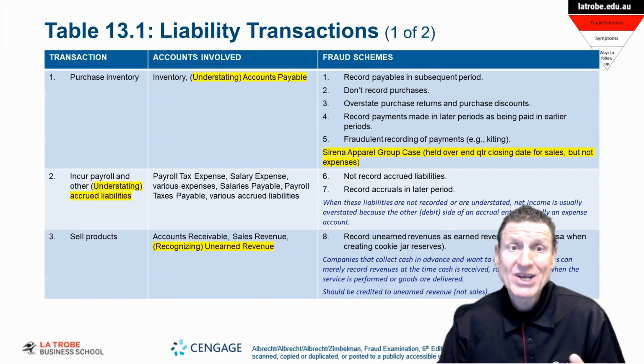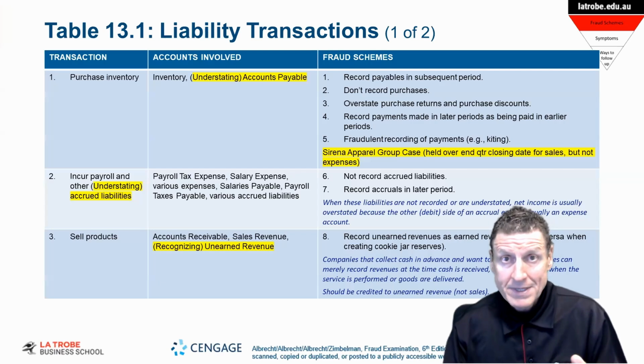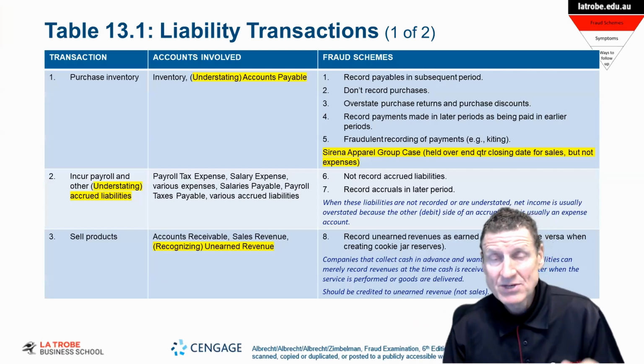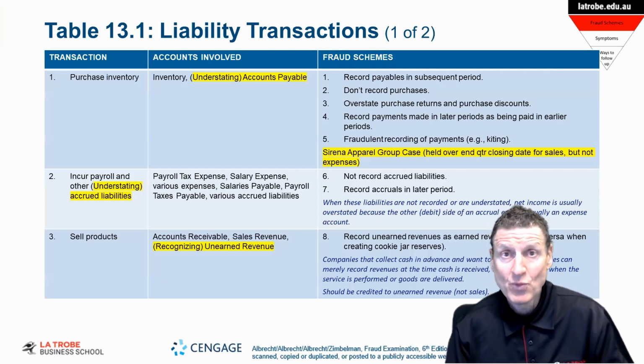Other ways are to incur payroll and other accrued liabilities. So again, we want to understate liabilities. In other words, we don't record any of these accrued liabilities. And this is really dangerous. This is more dangerous than revenue fraud or inventory fraud. You know why?